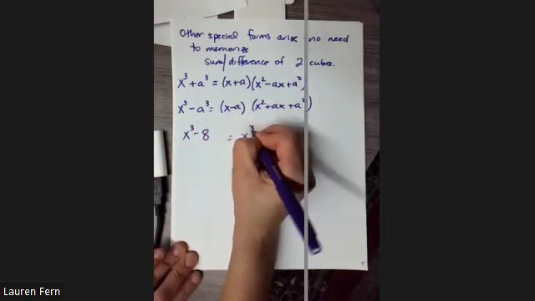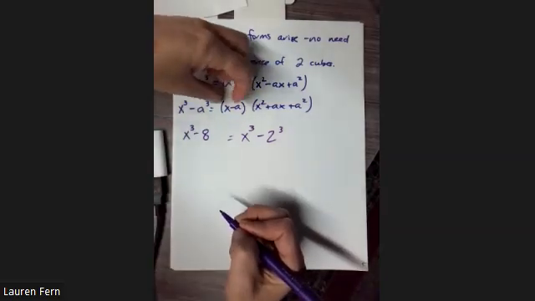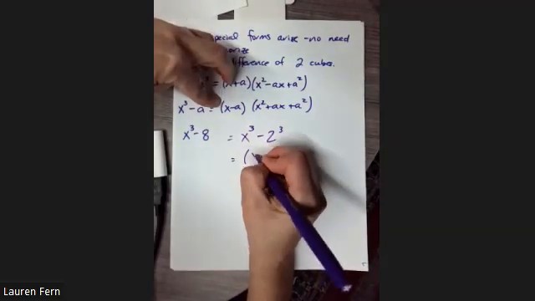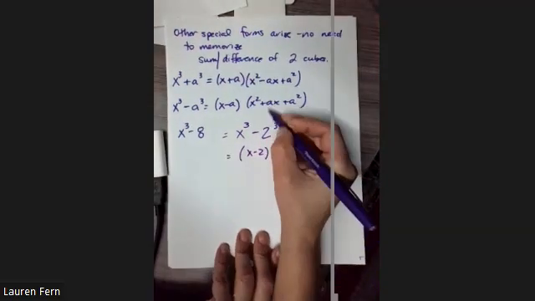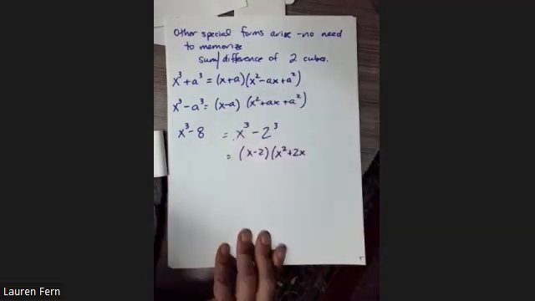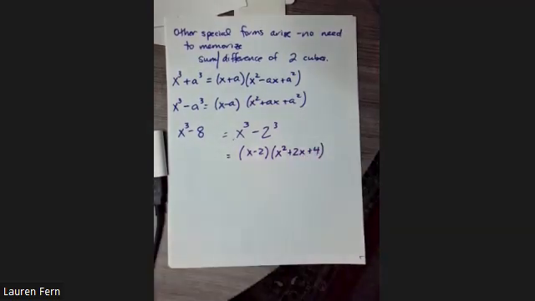Well, I claim that's x cubed minus 2 cubed. So using this structure right here, we would factor that to be x minus 2. We'd have x squared plus 2x, and then finally plus 2 squared, or 4.